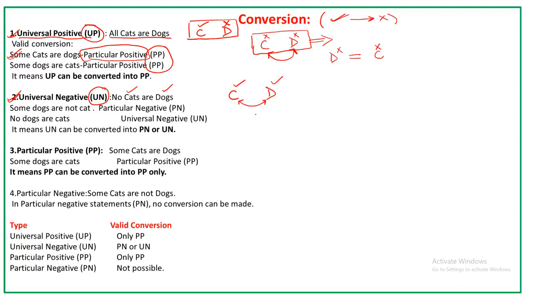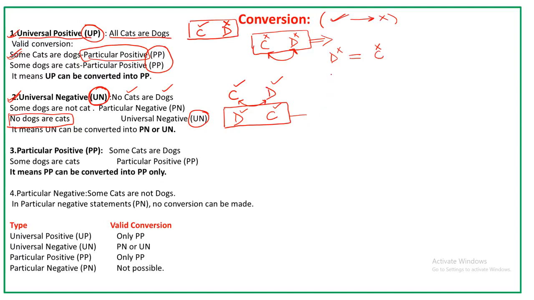That is the first sort of conversion in universal negative, that we are changing the order, that is dog and then cat. And how would we say this statement? As no dogs are cats. So a universal negative statement is converted to a universal negative statement, but the order is changed.